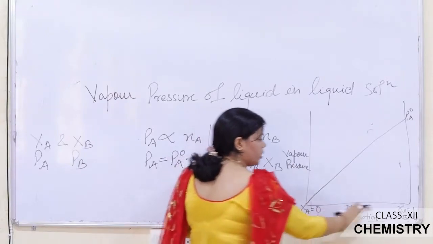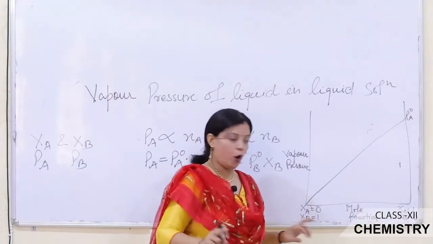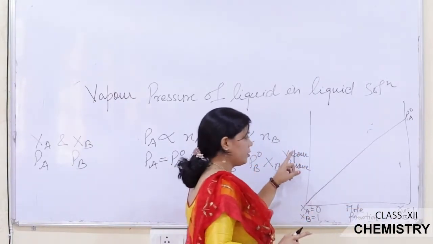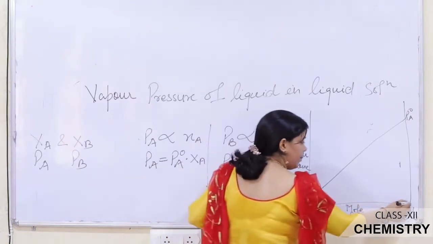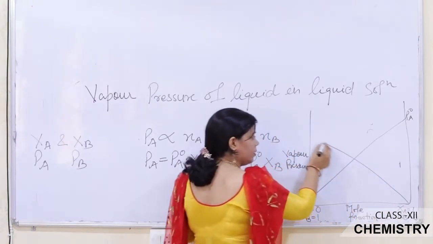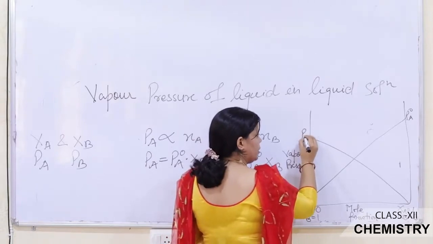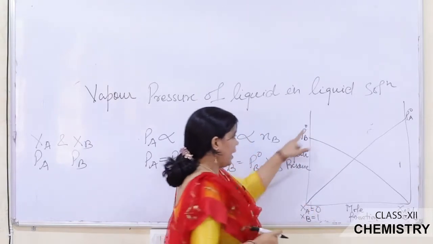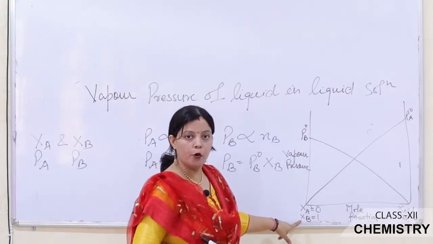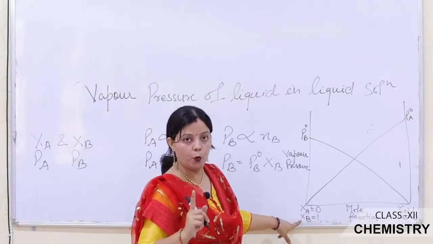Similarly, for component B, when we plot Xb against Pb, we get a straight line which passes through Pb naught, and at that Pb naught the mole fraction of component B, Xb, is equal to 1.